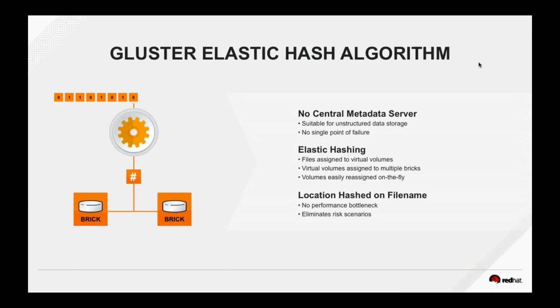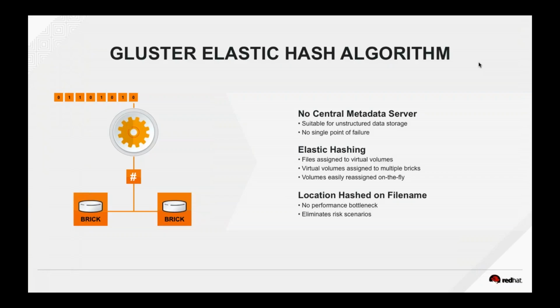Gluster uses something called the elastic hash algorithm. That's why we don't see any single point of choking or single point of failure. It's suitable for unstructured data storage. It uses elastic hashing, so files are assigned to virtual volumes, and they are assigned to multiple bricks, and volumes are easily reassigned on the fly. Location is hashed on the file name.